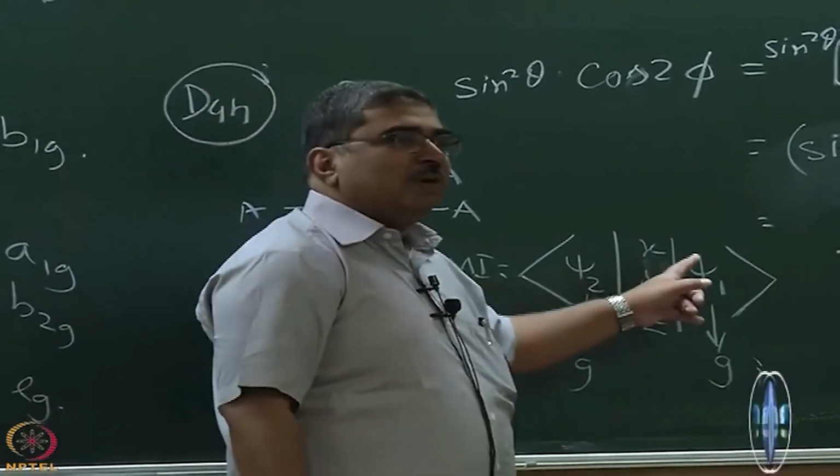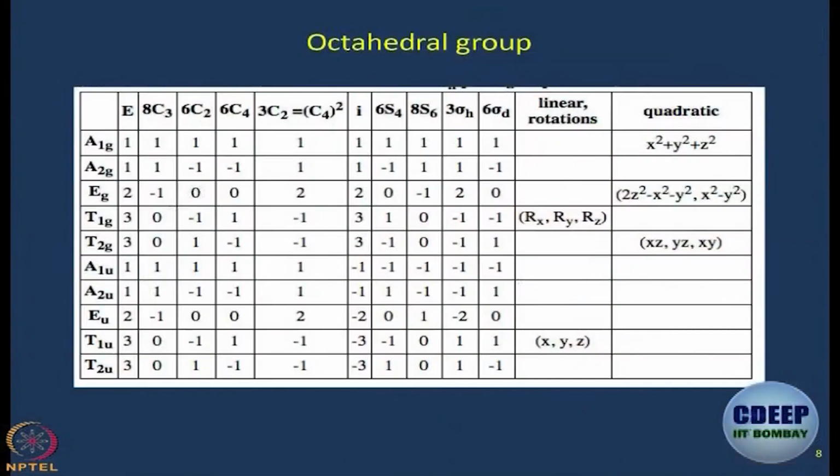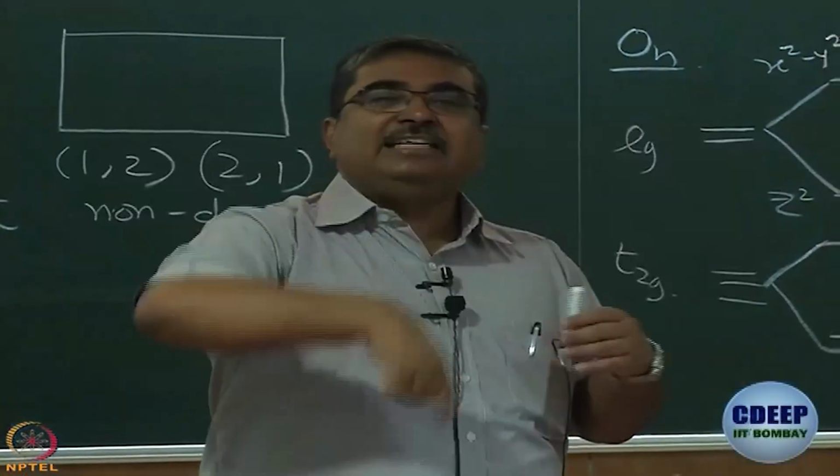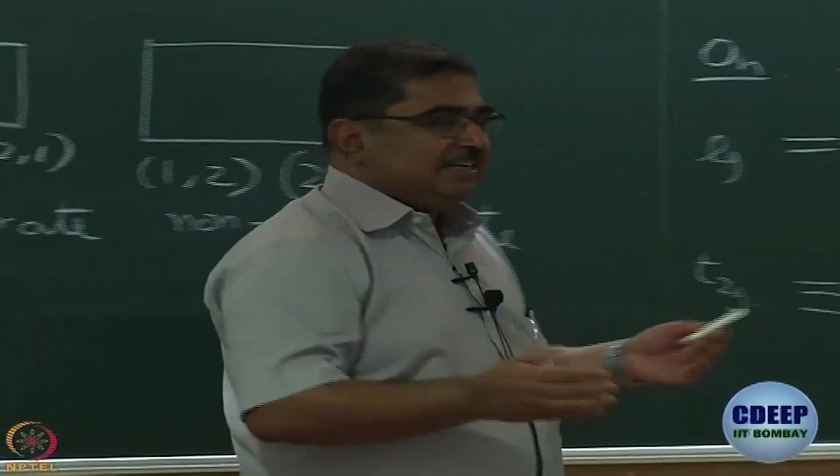What about X? What about Y? What about Z? Where do they belong in octahedral field? X, Y, Z jointly form the basis for T1u, right. And in fact, if you are only talking about inversion, you do not have to talk about X, Y, Z together, just think of X, is not it antisymmetric with respect to inversion? Same is true for Y, same is true for Z. So, this is u.